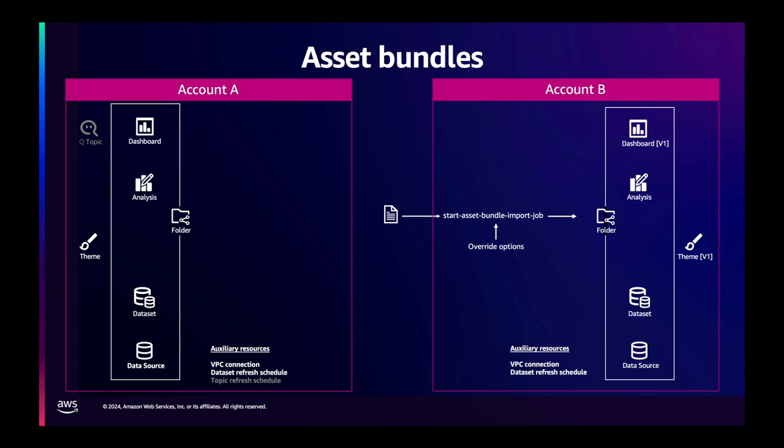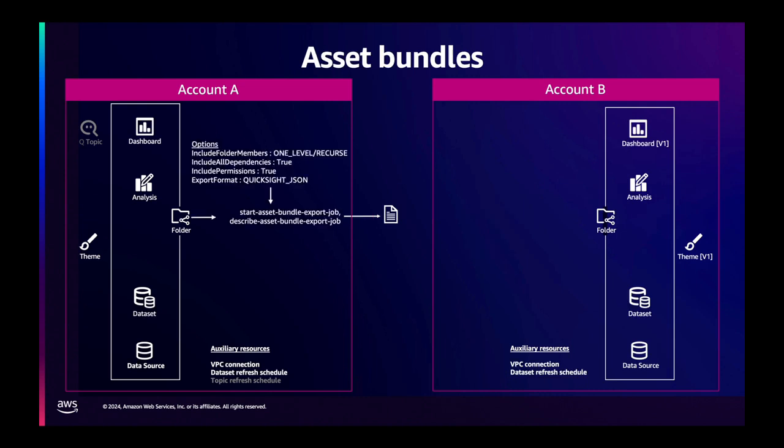So override options let you override data connection parameters, for example, so you don't have to manually change the data connection. You can make it part of the API call, along with VPC connection and data refresh schedule. So we import everything onto the destination account and region.